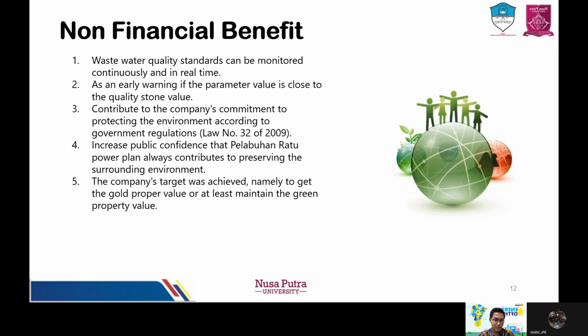Number four, increases public confidence that the power plant always contributes to preserving the surrounding environment. And number five, the company target was achieved, namely to reach the proper value or at least maintain the green proper value.